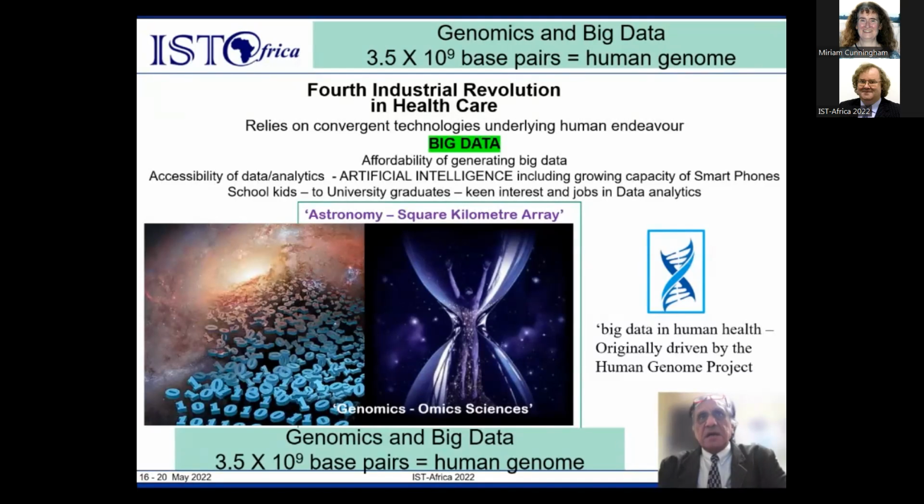However, on a grander scale, when we're talking about human diseases, we have developed technologies in human genomics to sequence vast amounts of genomic material, and this is the era of big data and genomics.